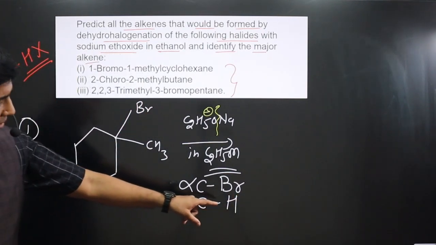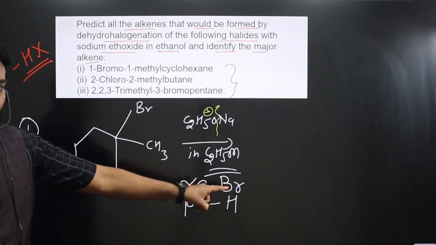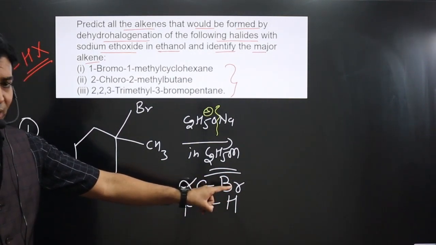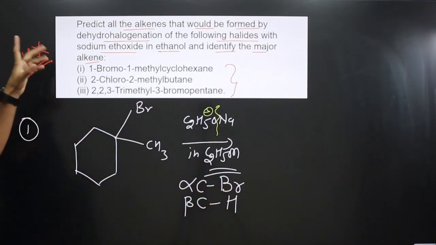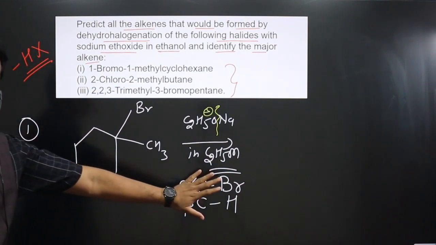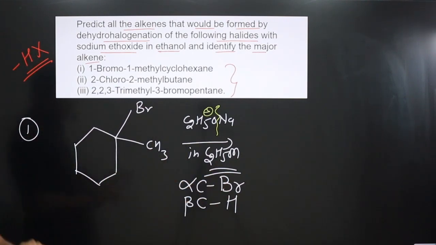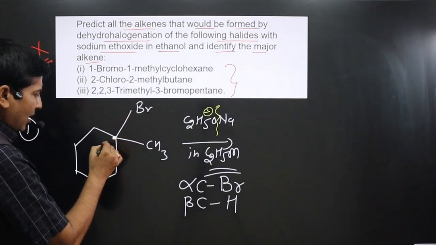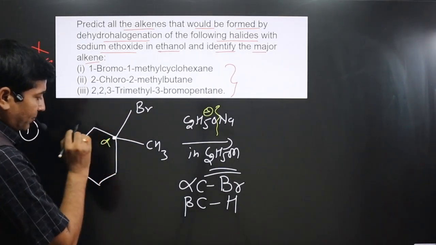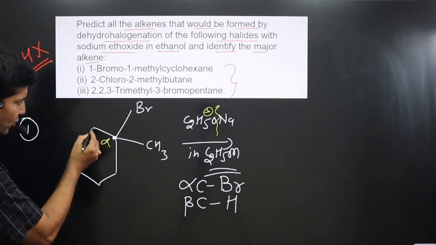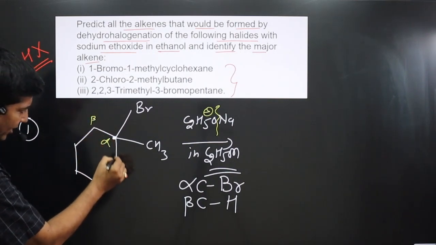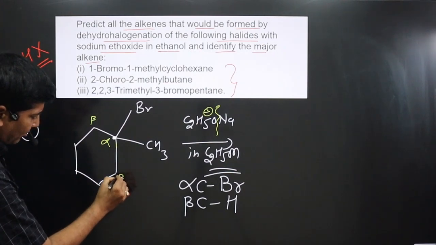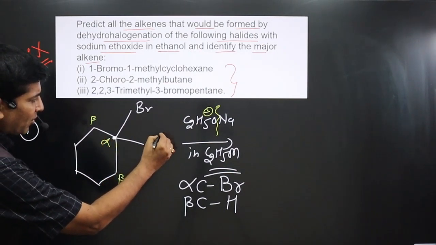So this is dehydrobromination, removal of HBr, removal of hydrogen halide, causing the elimination reaction. The Br is attached to this carbon, so this carbon is the alpha carbon. The next carbon is a beta carbon. This side also, the next carbon is a beta carbon, and the methyl carbon is also a beta carbon.